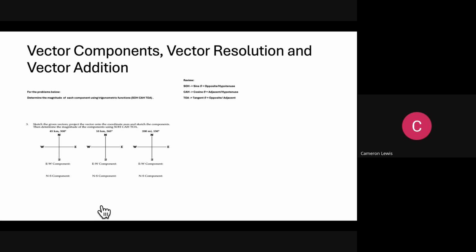Now let's find out how much the individual components are. East-west, we want to find the east-west component. So which equation would I use, sine or cosine? Use cosine, because east to west is on the x-axis.